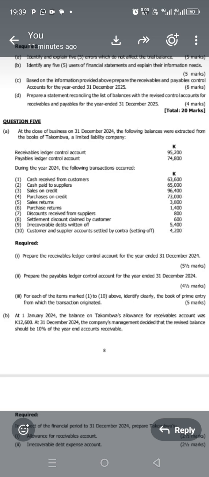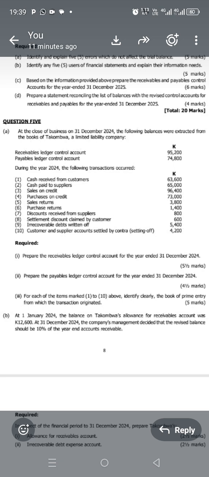Why is it decreasing? Because someone has returned goods to us. So if we had 100 kwacha goods that we sold on credit, then someone with goods worth 10 kwacha has brought them back to our business due to some reasons. So it will no longer be 100, it is going to be 90 kwacha.